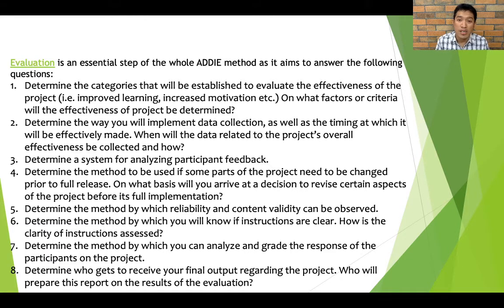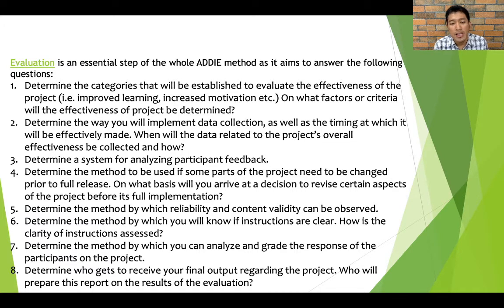It deals with the validity and reliability of the test, kevalidan dan tingkat kepercayaan dari tes tersebut, reliable or not. Then you need to determine the method by which you will know if instructions are clear. Then how is the clarity of the instruction assessed?